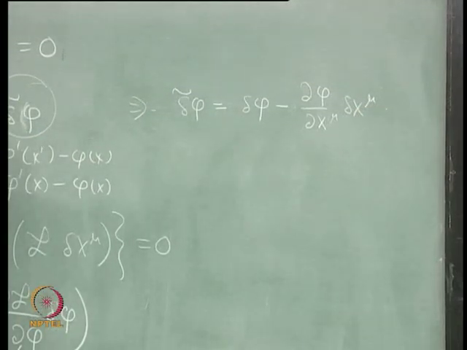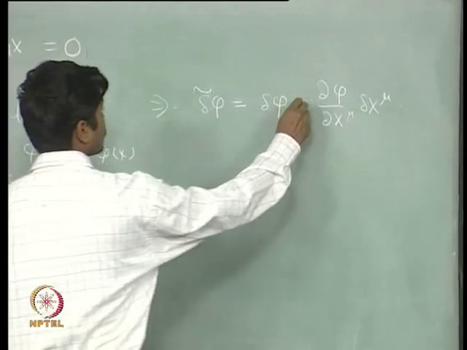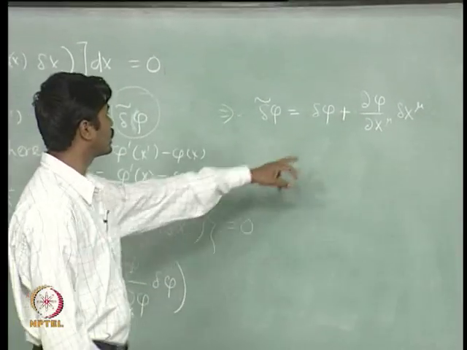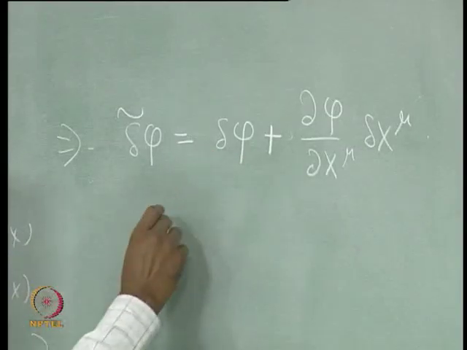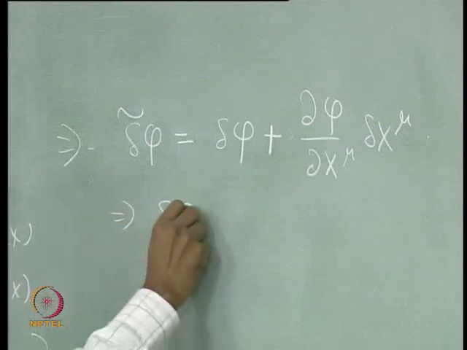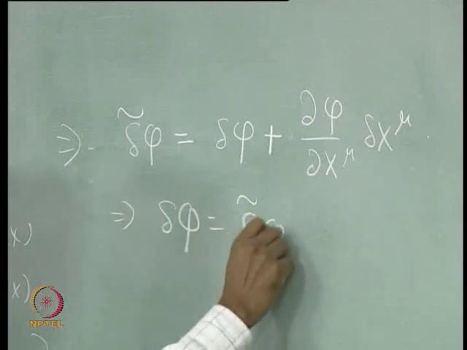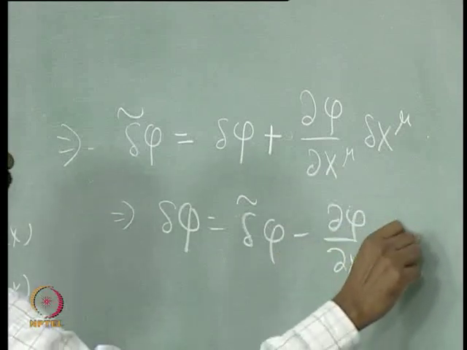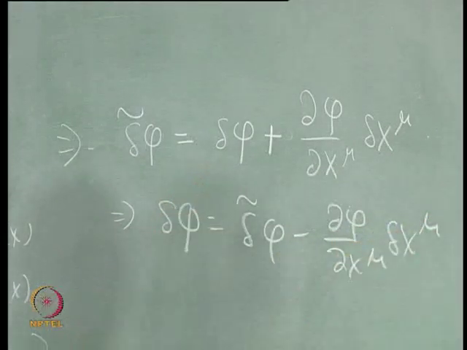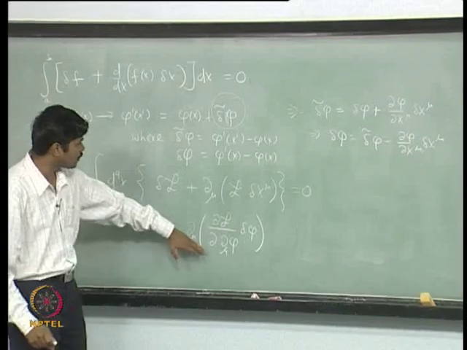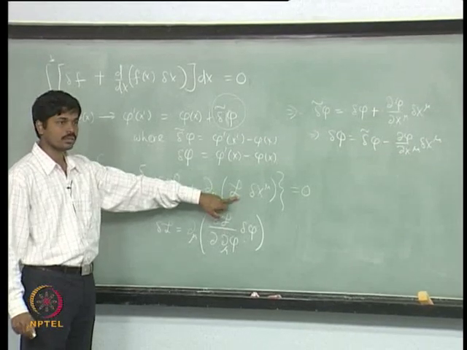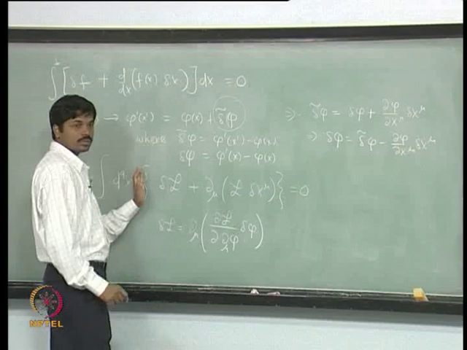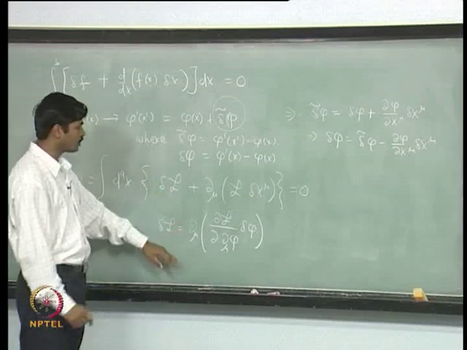So, we will substitute, I am sorry, there is a plus, we will substitute for delta phi here. Delta phi is delta tilde phi minus del phi over del x mu delta x mu. We will substitute it here and we will put it in this expression, then we will get a conservation law. So, let us do that.